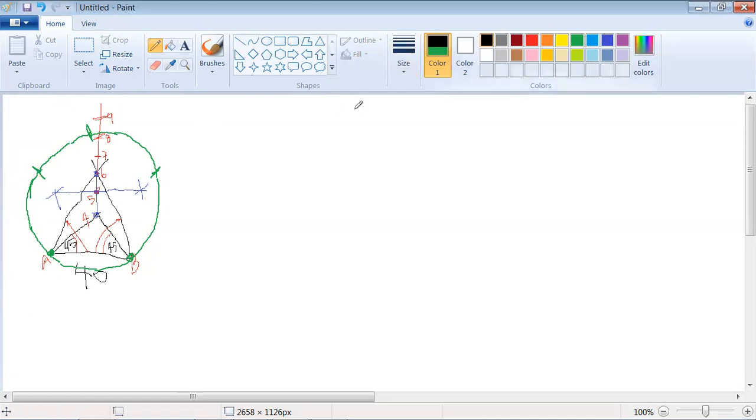When you're done, you just join the line from here to here, and then from here to here, and then from here to here, and then from here to here, and then from here to here. All right, and we're going to have a 5-sided polygon.